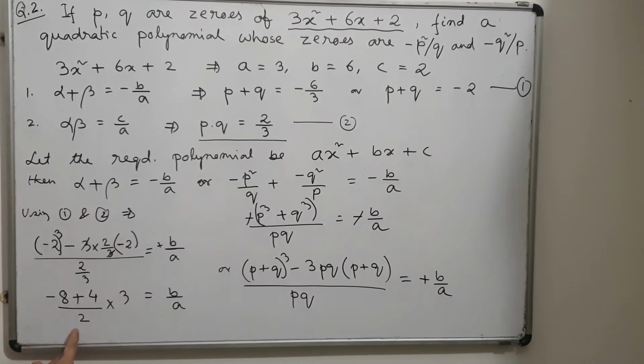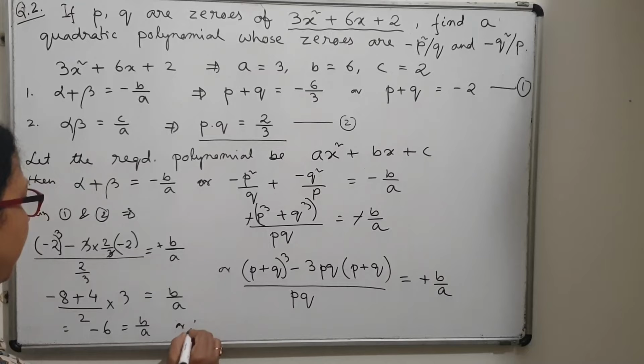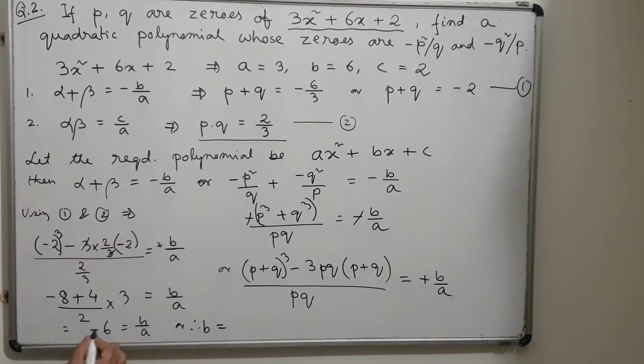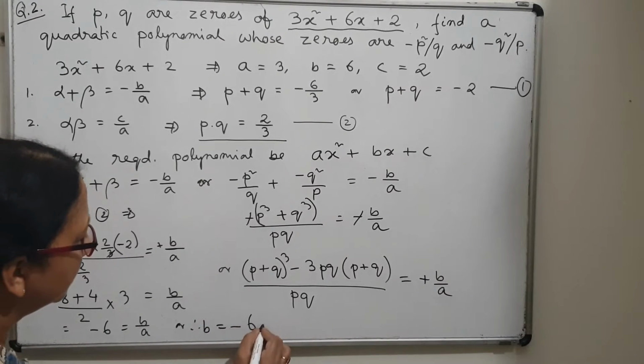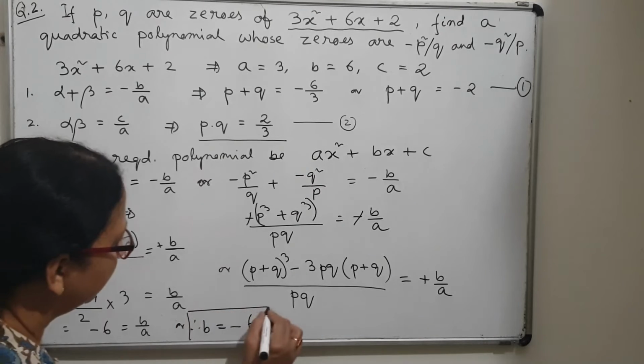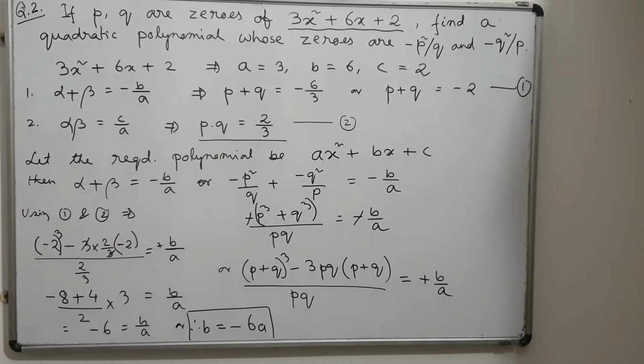So minus 8 plus 4 is minus 4, minus 4 by 2 is minus 2, minus 2 into 3 is minus 6. So minus 6 is b by a. Therefore, cross multiplying, b is equal to minus 6a. So I got this relation for this polynomial.